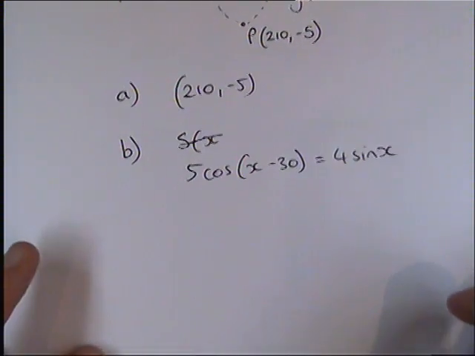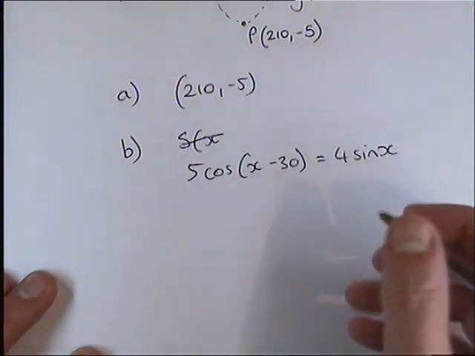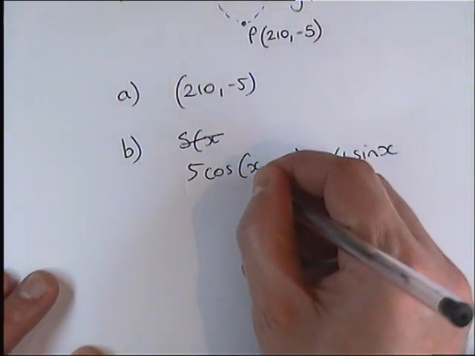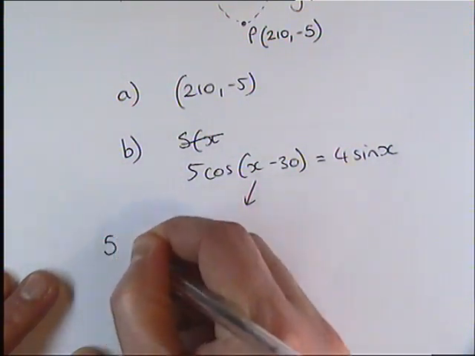So how are we going to go about solving an equation like this? Well, as soon as I see something like cos(x − 30), I could use not a double angle formula, but an addition formula for that one. So I can expand that using the addition formula.